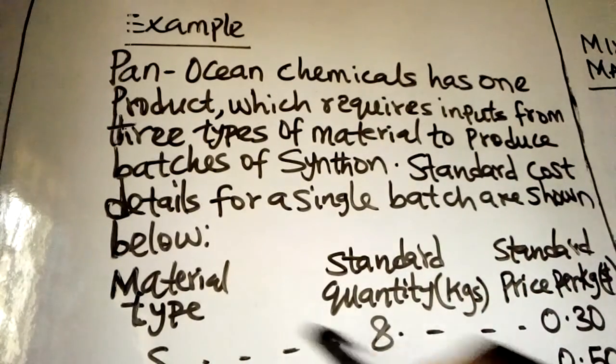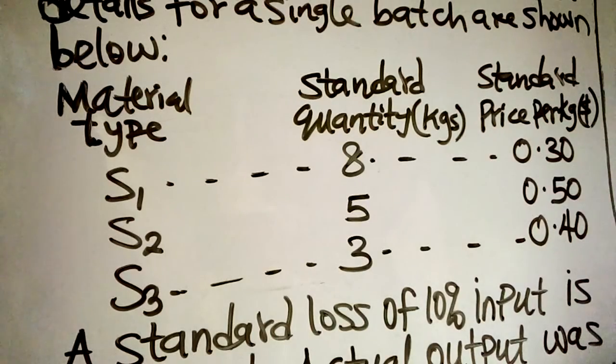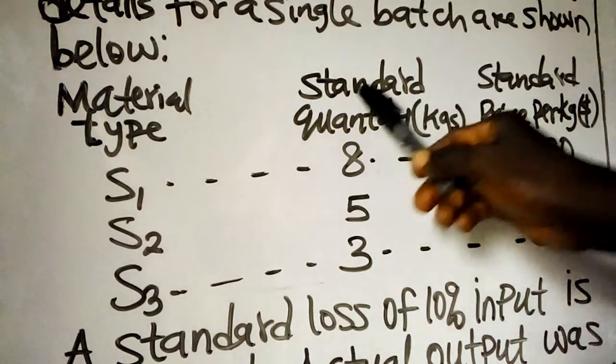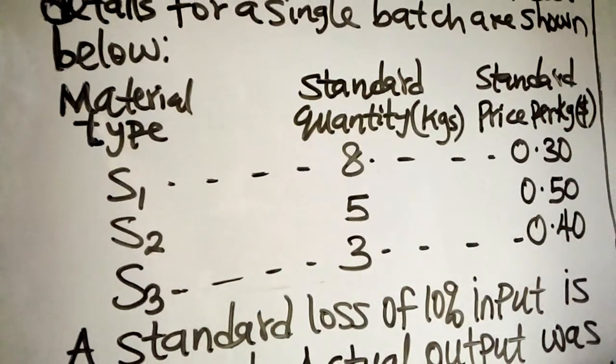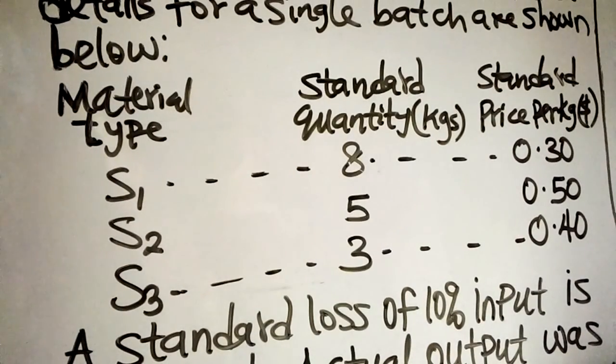You have the material types S1, S2 and S3. You have the standard quantity in kilograms: 8 for S1, 5 for S2 and 3 for S3.